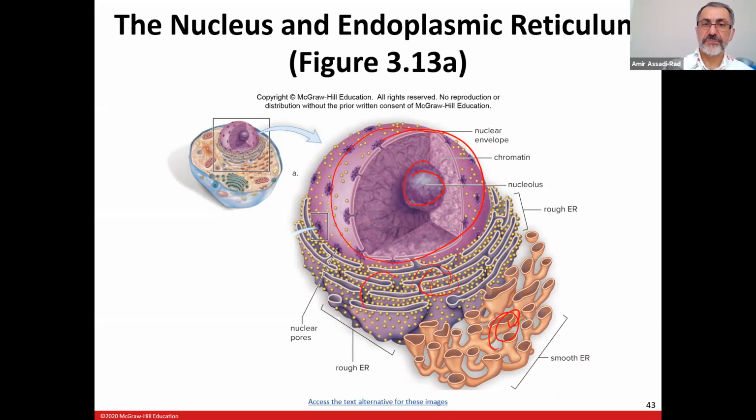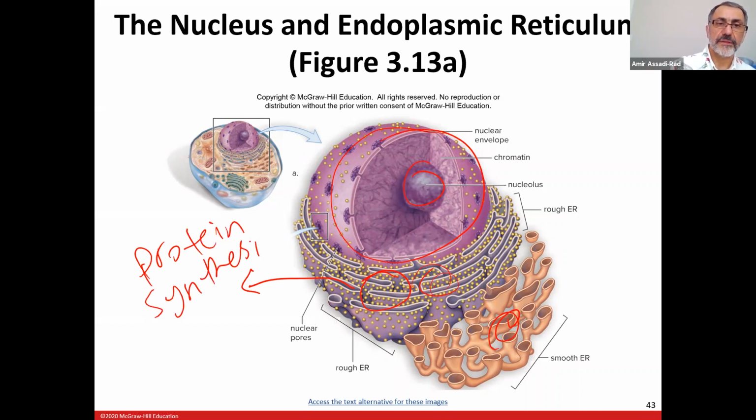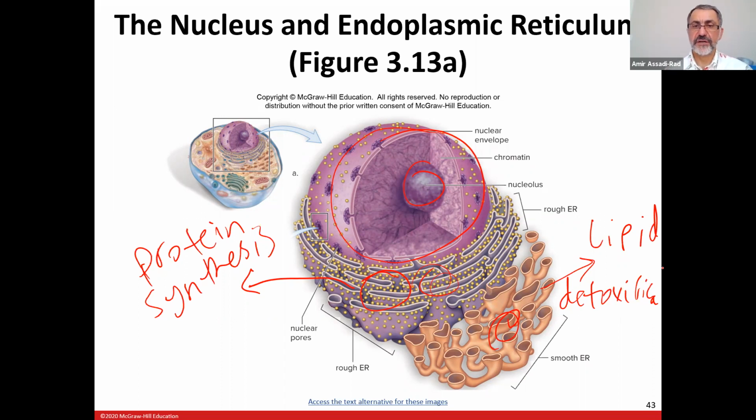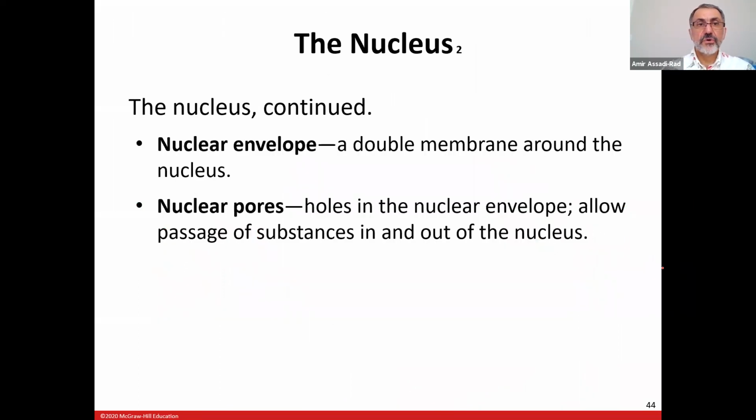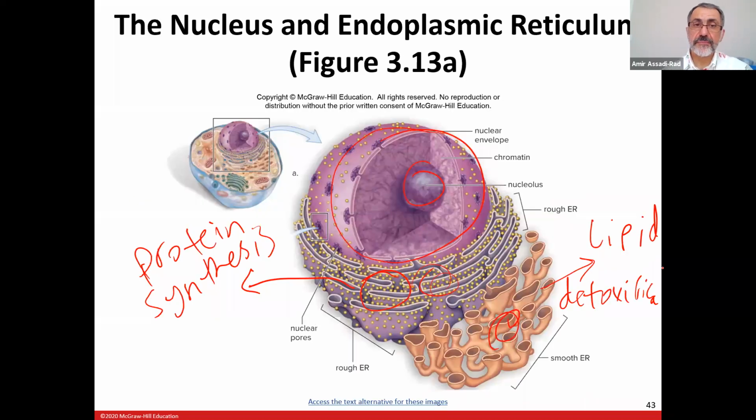Rough endoplasmic reticulum is responsible for protein synthesis. And smooth endoplasmic reticulum has many functions. Lipid synthesis is one of them, and another is detoxification in the case of the liver, and so on and so forth. So the nuclear envelope has nuclear pores right here, so materials can get in and out.